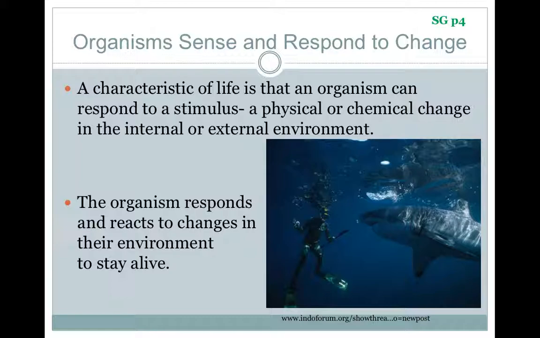One other characteristic of life to help us maintain homeostasis is to be able to respond to change, the stimulus all around you. You have this whole organ system, your nervous system, developed to help you respond to stimulus so that you can stay alive. And it happens in two places, external and internal.